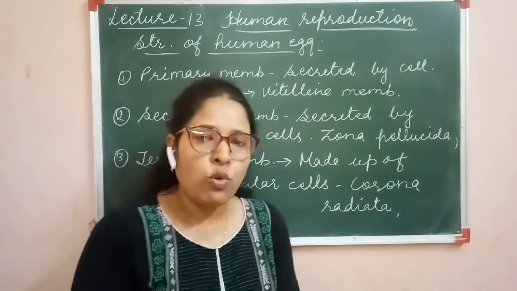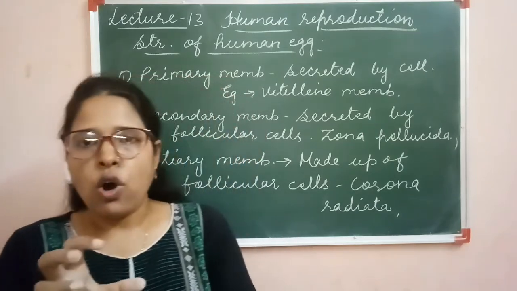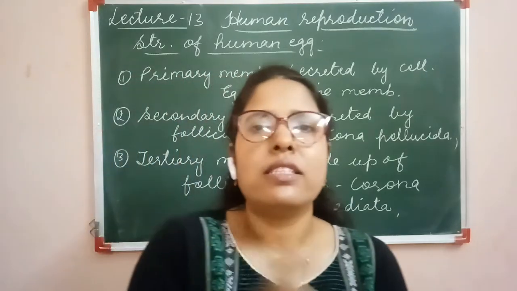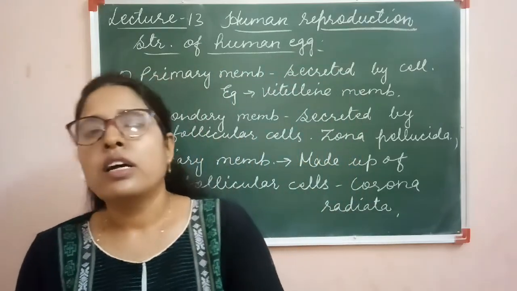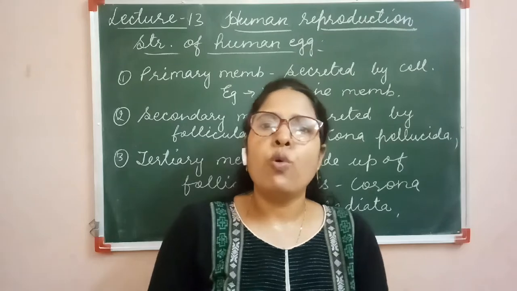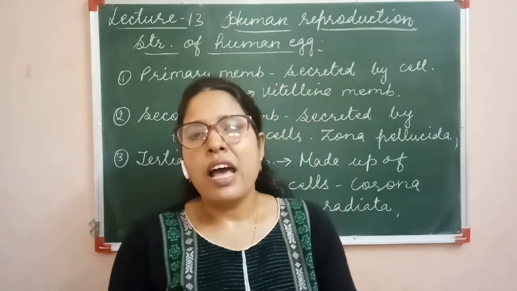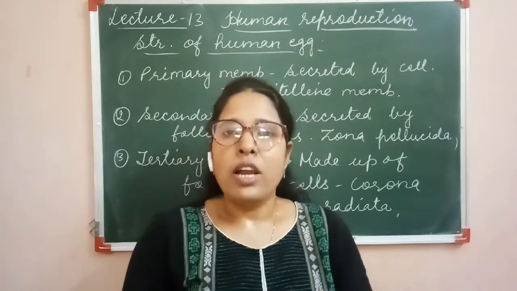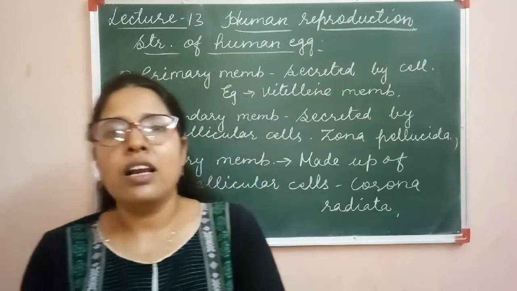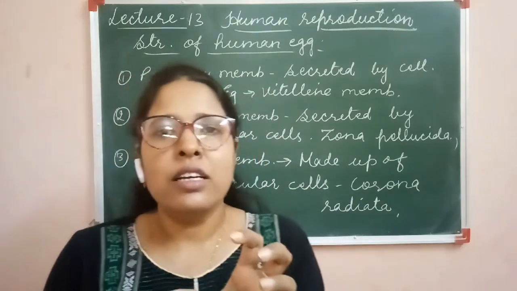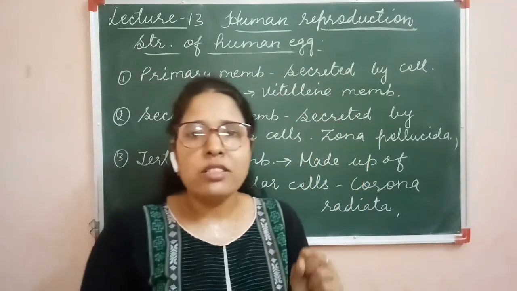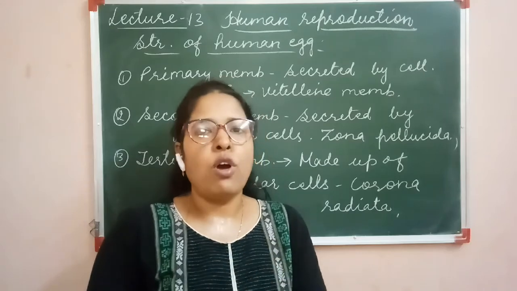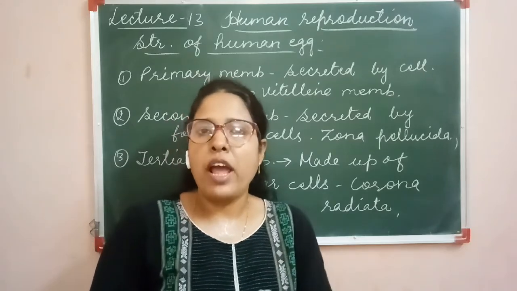As we know, the egg of human beings is microlecithal, it contains very little yolk. In many lower vertebrates, the egg is polylecithal or megalecithal. In that egg, the lampbrush chromosomes are present for increasing the yolk content, because they require more yolk for the development of embryo.